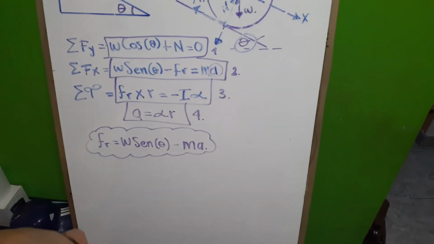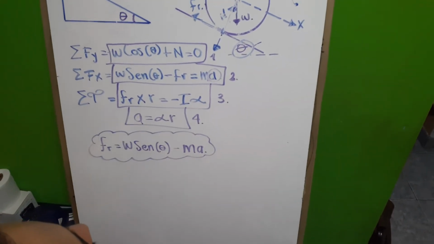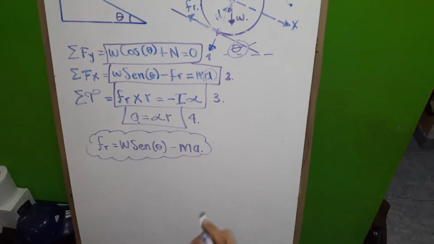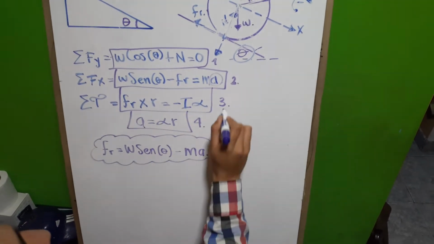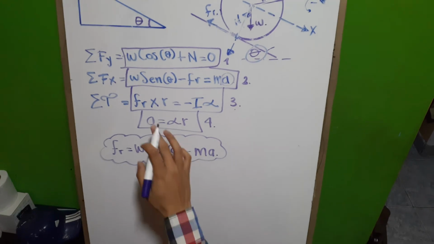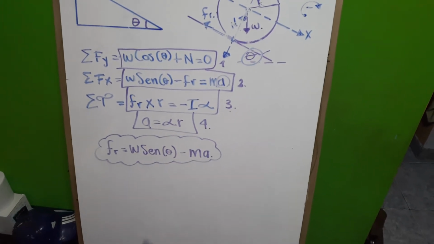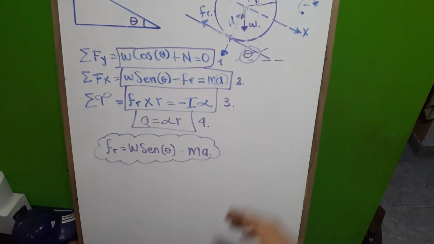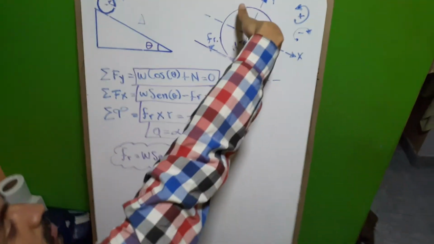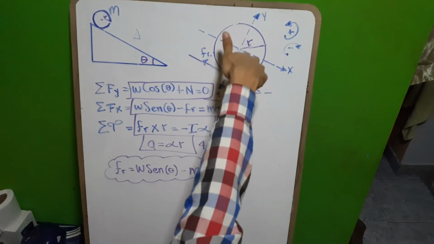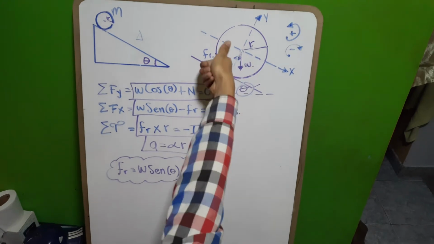The next equation is this 3. This operation is r multiplied by fr.